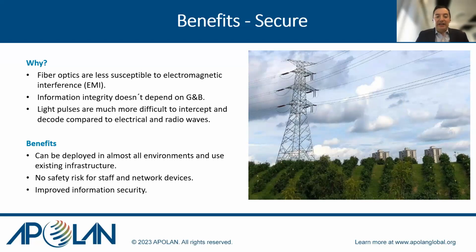As I mentioned before, it can be deployed in almost all environments. In the case of this image, you can see that in the power lines the fiber optics can be deployed, and it won't have any type of problems when you transmit. No safety risk for staff and network devices, and improved information security. As I mentioned before, light pulses are difficult to intercept.